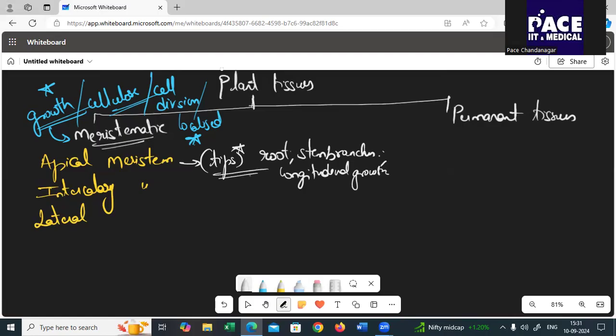Okay, you see your apical meristematism, which is also called primary growth. The primary growth in any plant is seen by the apical meristematic tissues. Shoot apical meristematism, and then root apical meristematism, roots and shoots also, and stem, branches also.